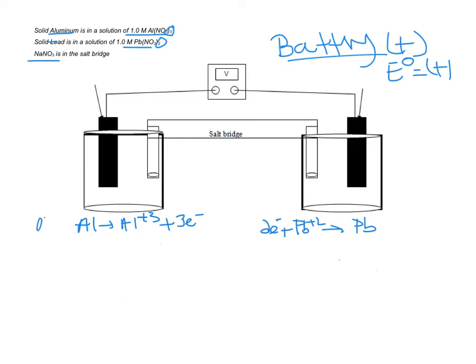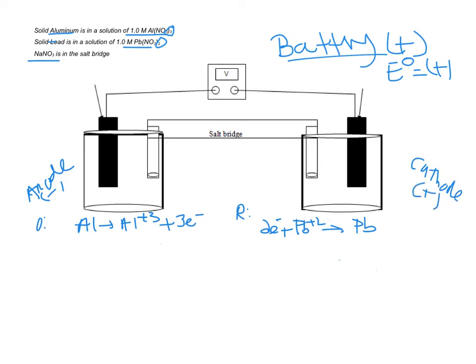So I'm just going to give myself reminders. Aluminum's being oxidized. Lead 2 ions are being reduced. I know that where oxidation happens, that's called the anode, the negative charge. Where reduction happens is called the cathode, red cat.